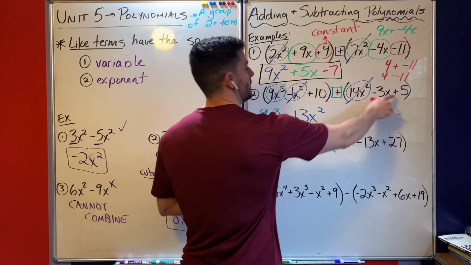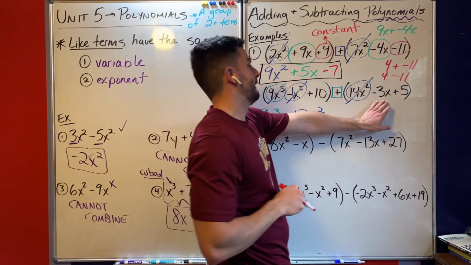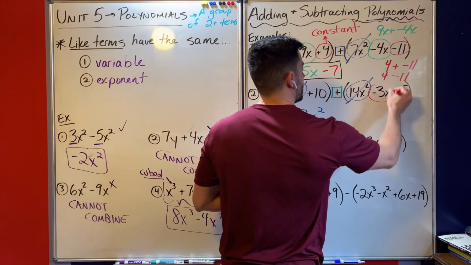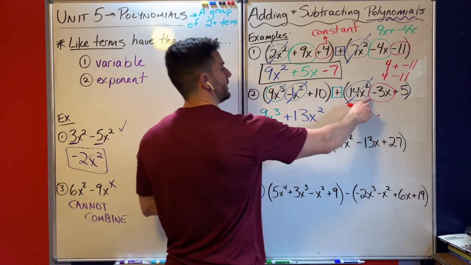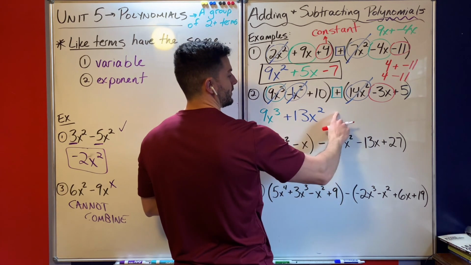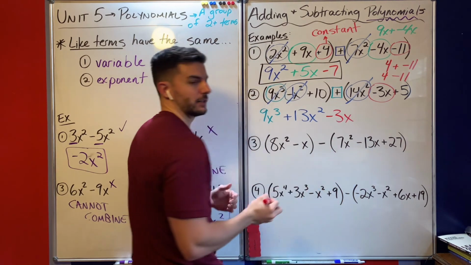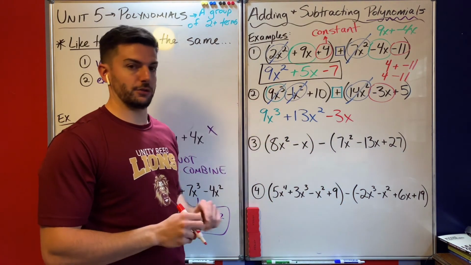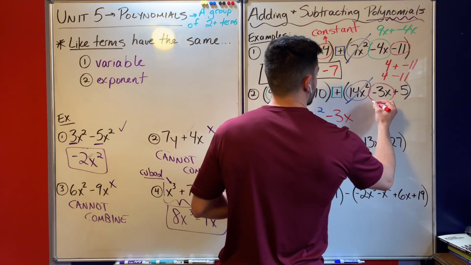The other two are constants, these numbers without the x. So this negative 3x, there's no other x's there. That means that, just like the 9x cubed, this negative 3x is going to come down as well and not be able to combine with anything from the other group. So that's helpful to notice too.